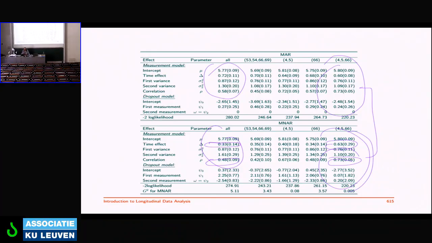Are we now sure that the mechanism is missing not at random? No. And it could still be playing in another way. It only explains now that within our model concept, what seemingly looked like missing not at random is actually completely gone.